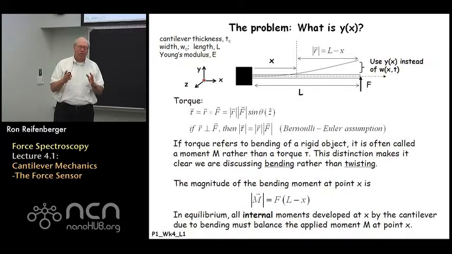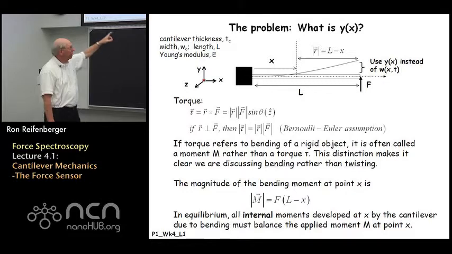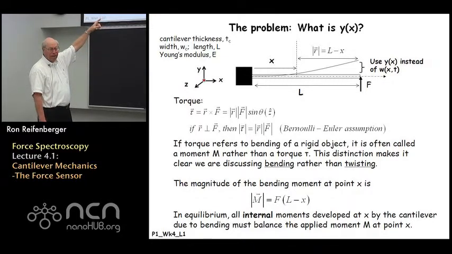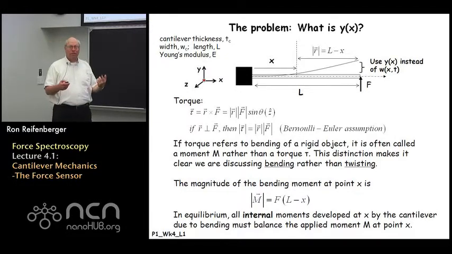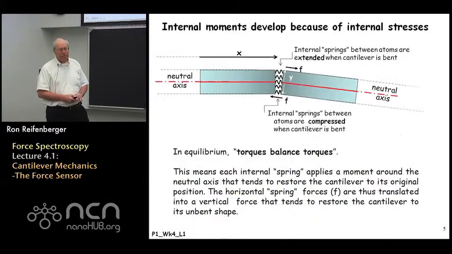That means there must be some internal moments generated by the atoms inside that beam that counteract this external moment applied by the force F at the end of the cantilever. This realization, that the sum of the moments has to be zero, forms the basis for describing the equilibrium shape of the beam after it's been subjected to this point force.